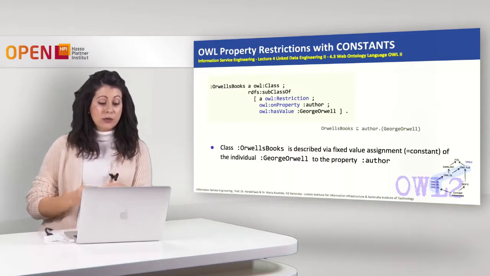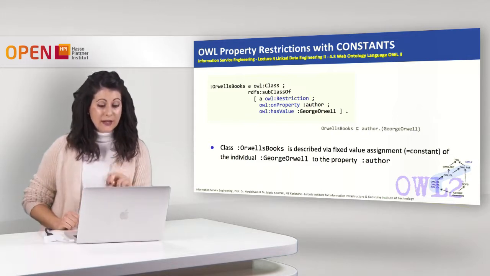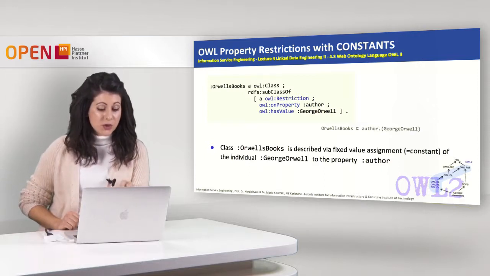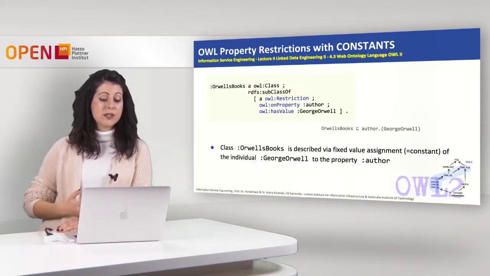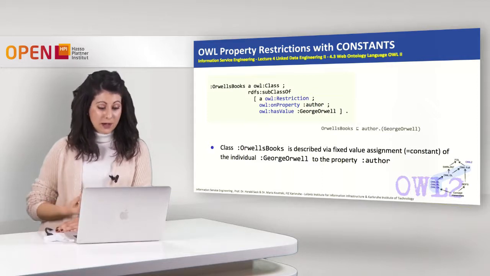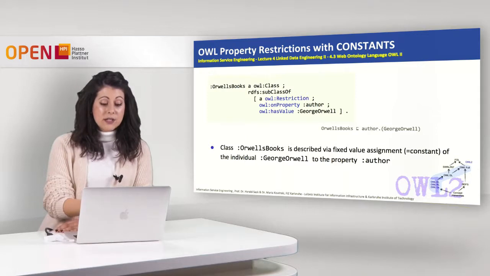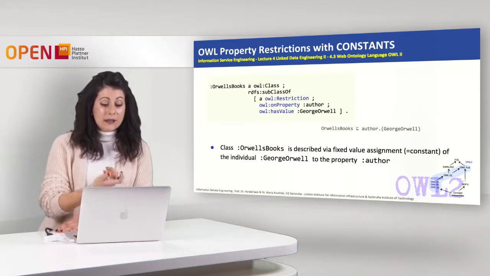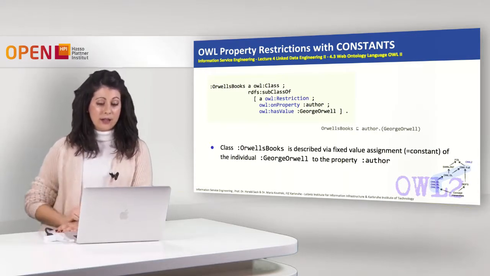And in order to do that, we will use the owl:hasValue constraint by using a constant, where the constant in this case is George Orwell. So we define first the class and then we say it is rdfs:subClassOf. Then we use the owl:Restriction. The restriction will be on the property author, and then we say that this has value George Orwell, and this is a constant here.